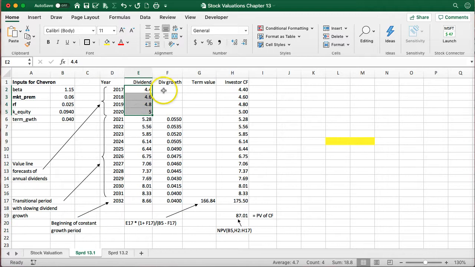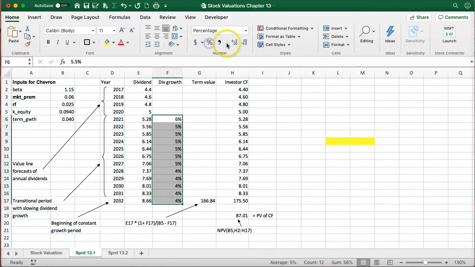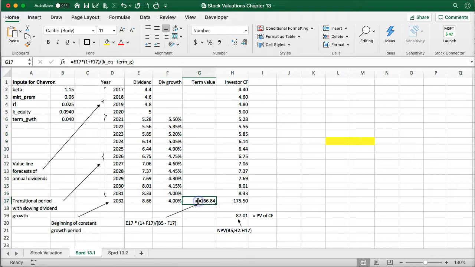This is the forecast. Here's the transitional period with slowing dividend growth, and this would be the growth percentage here. This is G, and then what we can do is calculate the terminal value.